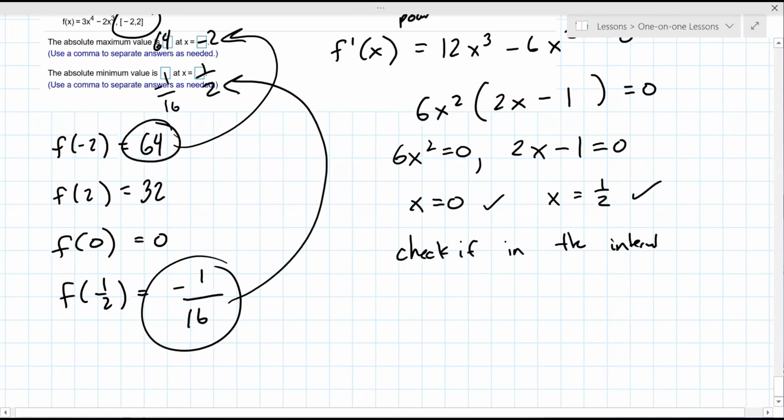So by doing it this way, where you try the endpoints first, that's step 1, step 2, you take the derivative, find the critical points, and then do the same thing. You can get back to where you answer this question. Hopefully that was satisfactory.